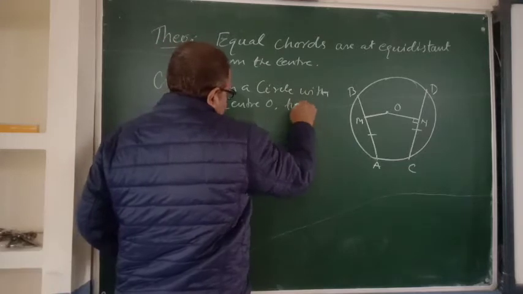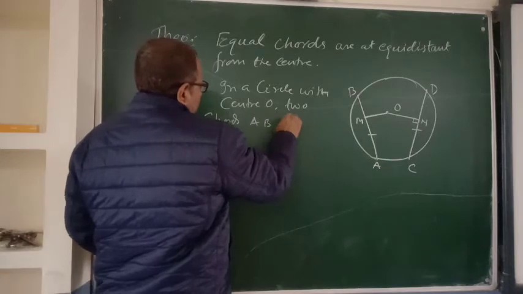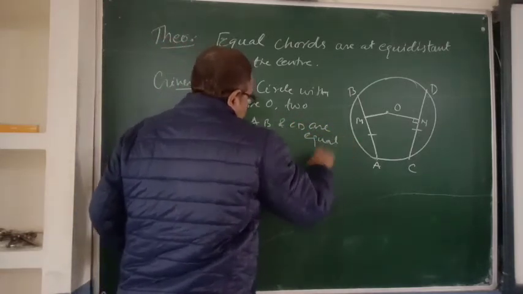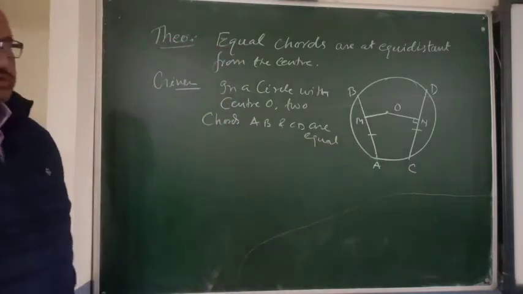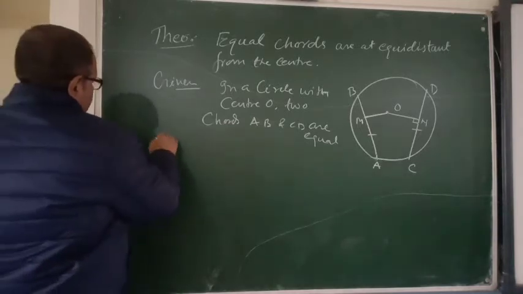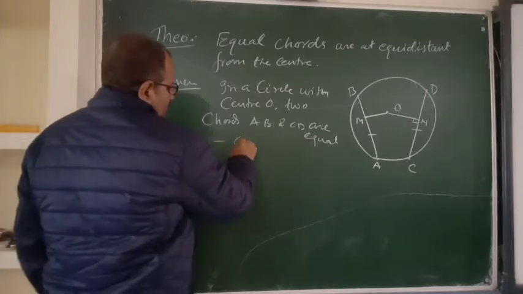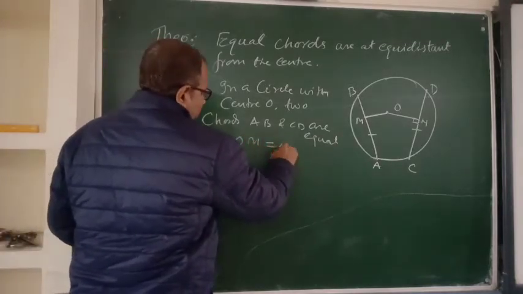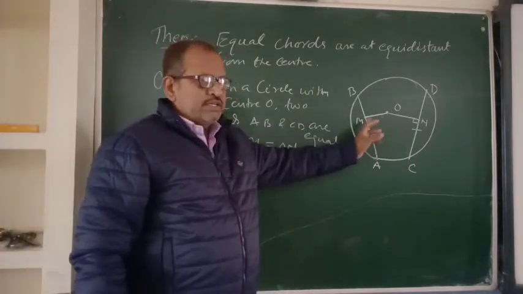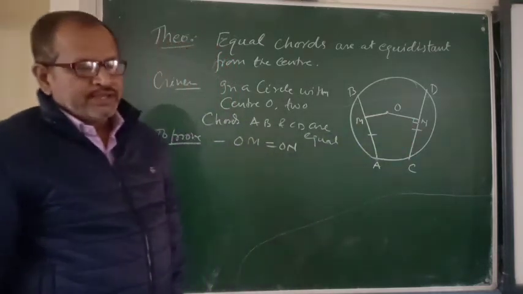In a circle with center O, two chords AB and CD are equal. We have to prove that OM is equal to ON, meaning the perpendicular distance from the center to the first chord and to the second chord both are equal.